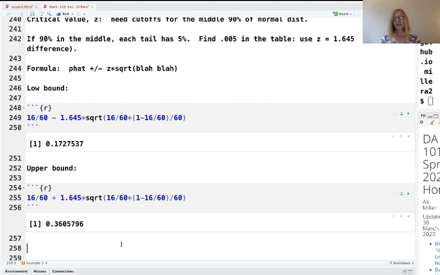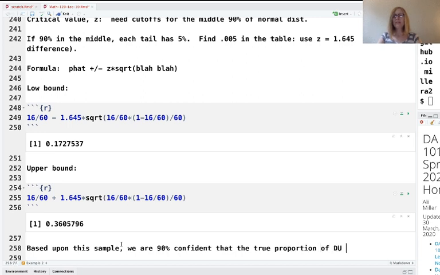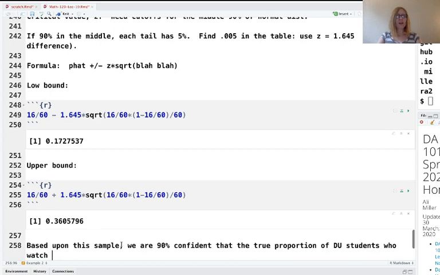So what have we concluded? Based upon this sample result, we are 90% confident that the true proportion of DU students who watch Love is Blind is between 17.3% and 36.1%.